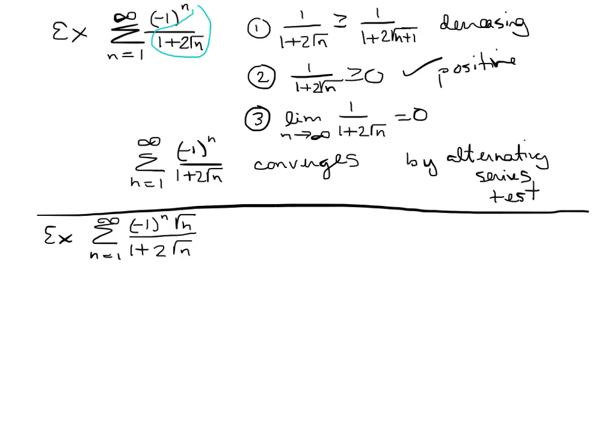I'm going to jump to the limit part of this because we'd have to show these three different things. And if I look at the limit of everything that's not in the negative 1 to the n, so the root n divided by 1 plus 2 root n, the powers are the same, and that limit is 1/2. And so it's not equal to 0. And so we can't use alternating series.